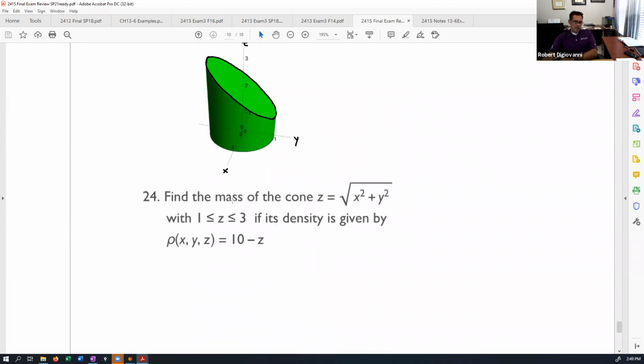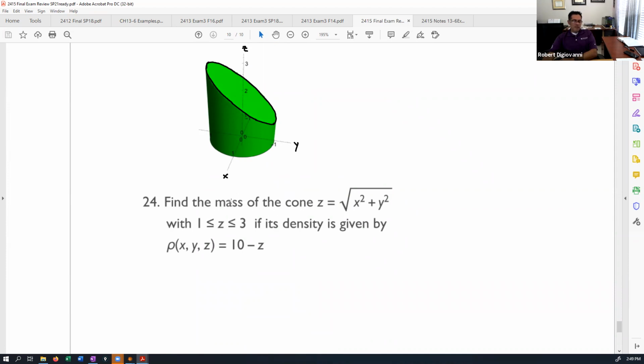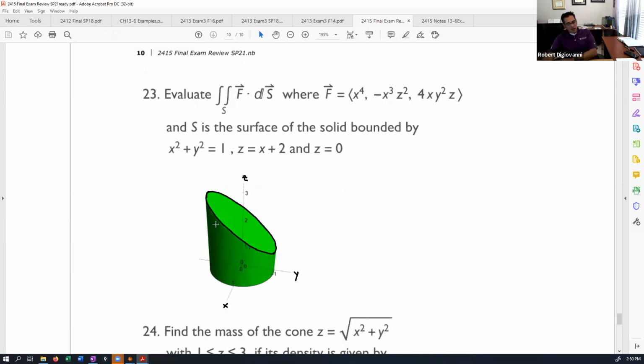I'm not going to test you on that. Because this was an application from way earlier that we never even went into. We did masses of non-homogeneous laminas, but we didn't do masses of 3-dimensional things. I told you you could, but we never did any problems. So I would say that's not going to be there.